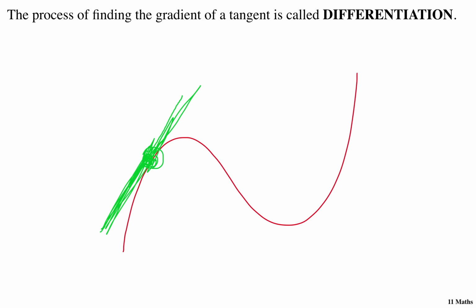At that point, the gradient of that tangent might be 3, it might be 4, who knows. But finding the gradient of that tangent is called differentiation.